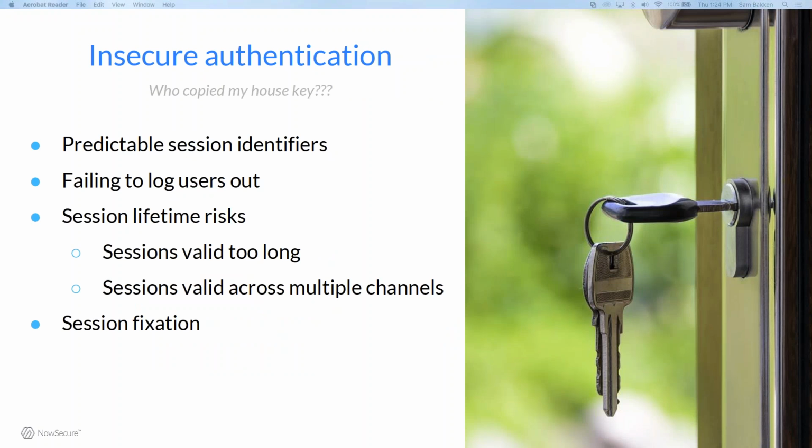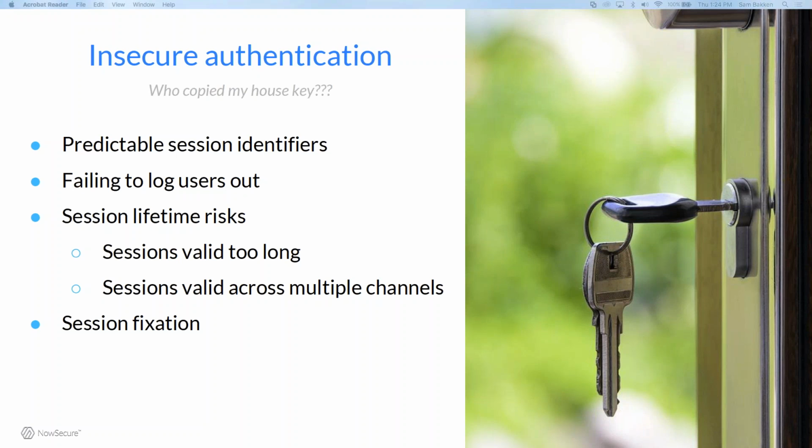All right, so let's start with talking a little bit about insecure authentication. This is one of the first things that comes to mind when thinking about network issues in general with a mobile application. And this is actually listed on OWASP's mobile top 10 list as one of the most common issues.